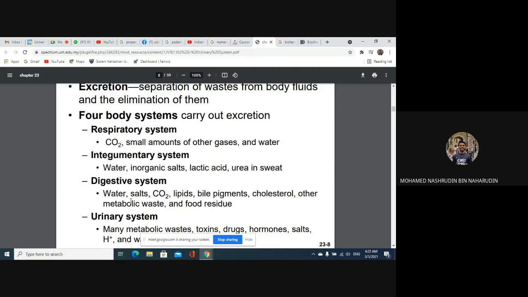Lactic acid is produced by the integumentary system, and we are also responsible for regulating acid-base balance, hence it is excreted through the urine, and also urea in sweat. So the substances that are in the urine are also the same substances that are in the sweat.